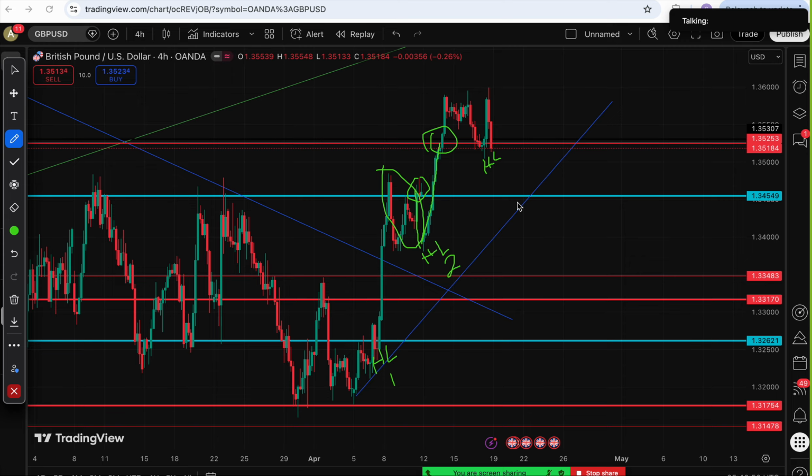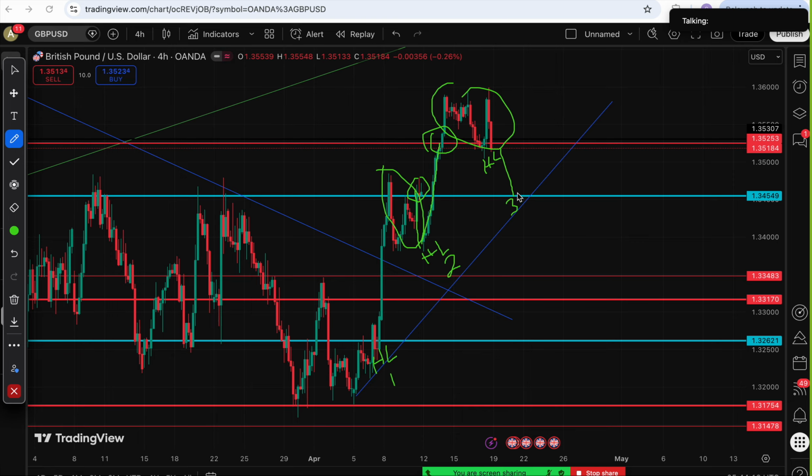So we can say this is three, but now we need clarity for this market to continue the rally. If this market comes down here, it's still a higher low. Whatever you call it, lower high or higher low, this is still higher than the previous, so that's why we are looking at the upside still.